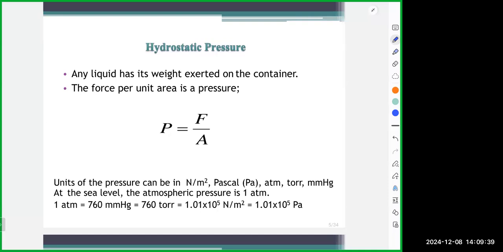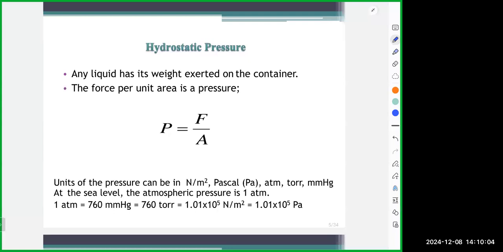And the unit of pressure can be Newton per square meter, or Pascal, or atm. Atm is the abbreviation for atmosphere, and maybe torr or millimeters of mercury.